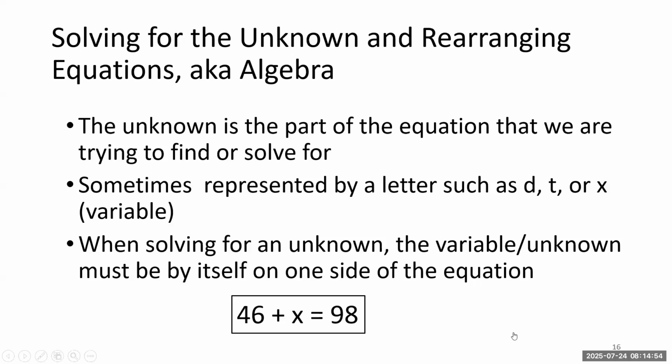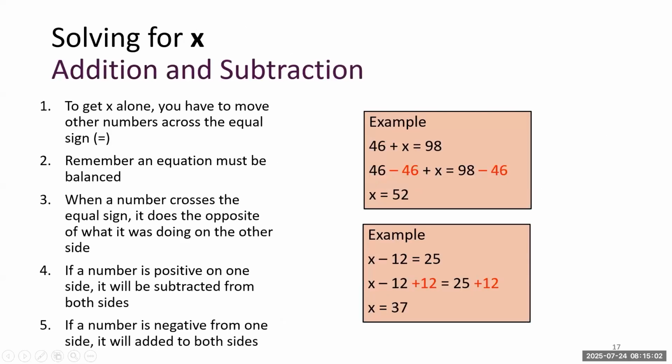So in this equation down here, 46 plus X equals 98. Let's look at what that might look like if we wanted to rearrange it to solve for the X. So to get X alone, to get it by itself, you just have to move the other numbers in the equation across the equal sign. Anything on this X side of the equation that we don't want, we're just going to scoot it over to the other side.